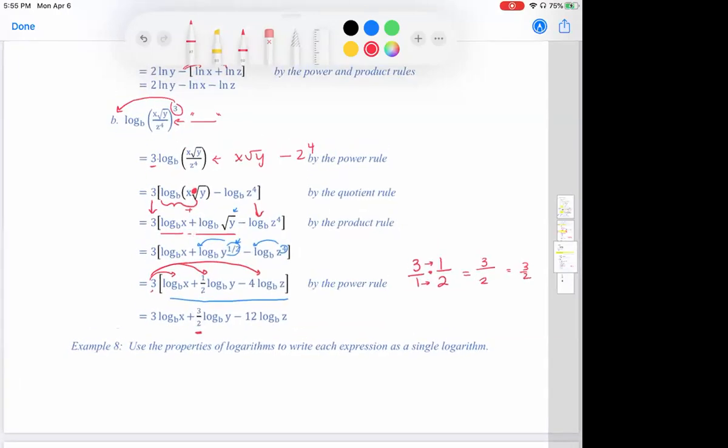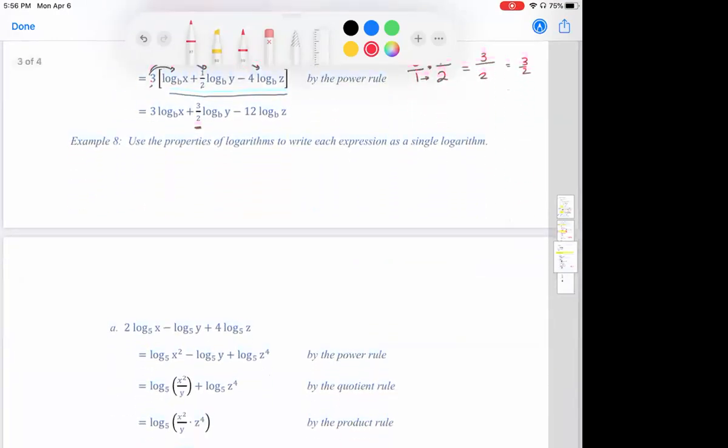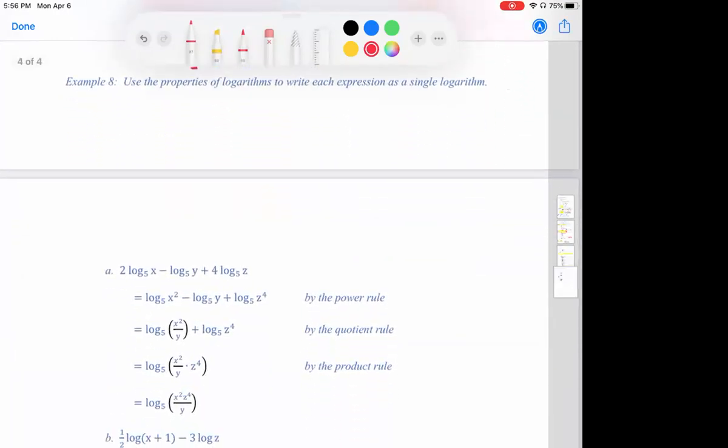Now we can use our laws of logs to expand our logarithms, but we can also use them to condense and write them as one log, as we'll see in example 8. Use the properties of logarithms to write each expression as a single logarithm.